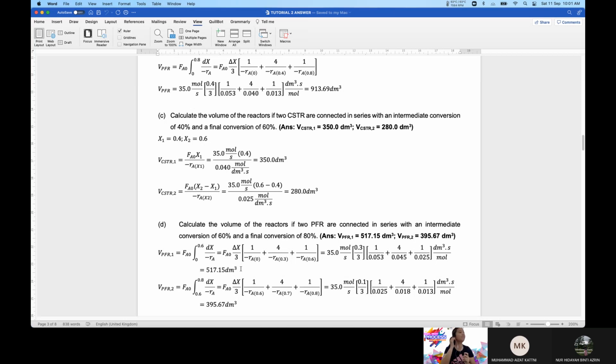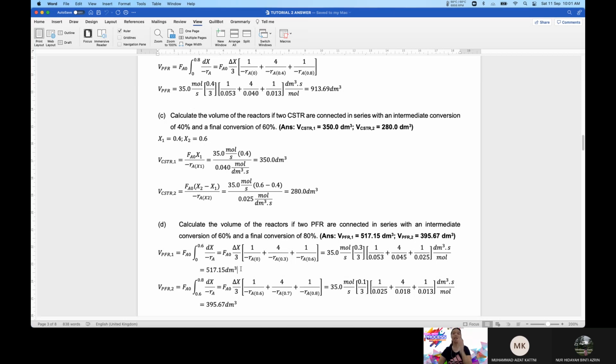Meaning to say, why is my first PFR volume bigger than the second? Because my first PFR converts from 0 to 60%. A 60% change in conversion requires a volume of 517. In the second reactor, why is the volume much smaller? Because in the second reactor, it only needs to raise from 60 to 80. Means the change in conversion is only 20%. So in other words, how big your conversion is, how high your conversion is, also influences your reactor volume.